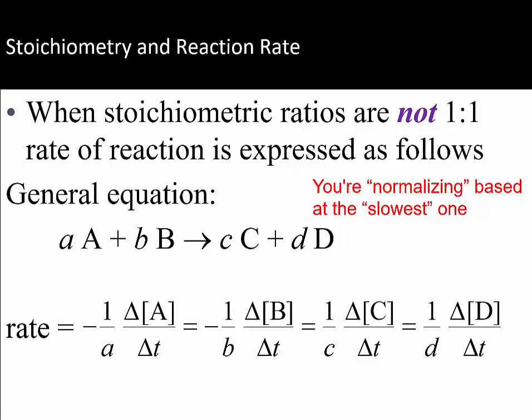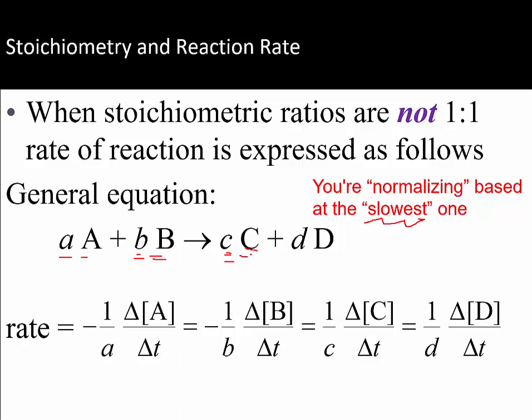So if we've got a given generic chemical reaction where we've got aA and bB and cC gives us dD, right? In terms of how we're going to express this, we're going to normalize it based on whichever one is the slowest. So we're normalizing based on the slowest one.